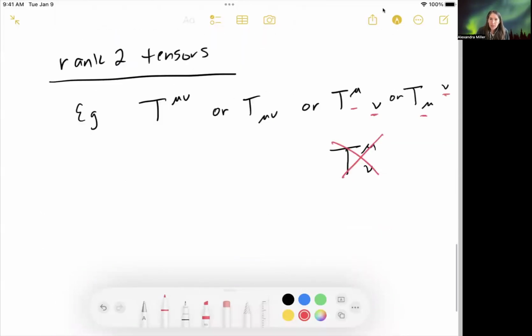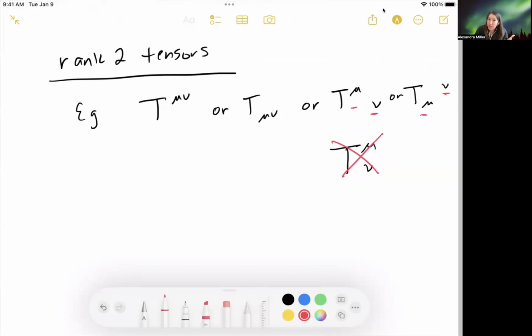These 4 objects are going to be related, but slightly different. And again, in special relativity, those differences are really just going to be keeping track of minus signs in general. But those minus signs are physical and important, and you're going to mess things up if you get it wrong. And that's rank 2 tensors.